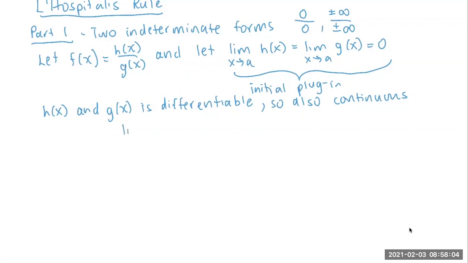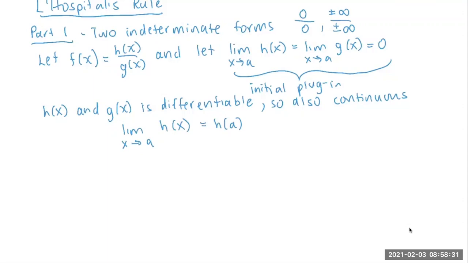So if it is continuous, the limit as x approaches a, of both h and g, but I'll just say it of h for now. If they're both differentiable, this has to be true for both functions. The limit as x approaches a of h of x must be equal to the function value, so that we ensure there's no hole and that the limit does exist on both sides.